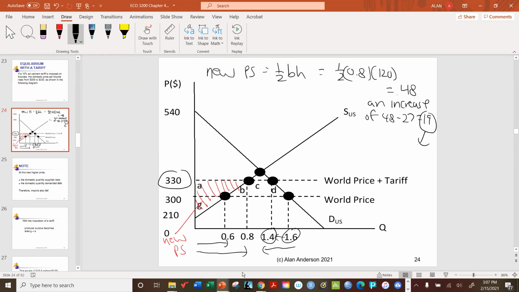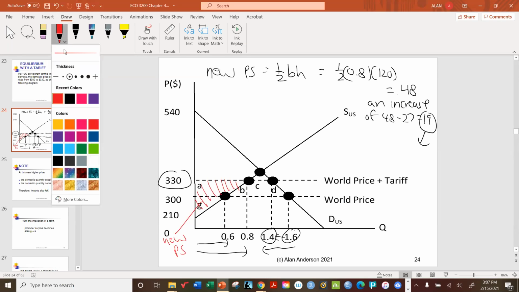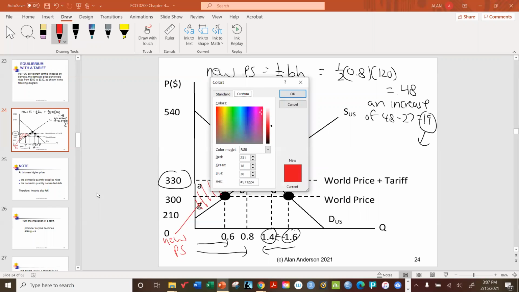Okay, so the consumer surplus is now, let's color this in real fast. Let's try a different color here. God, what else do they have here?